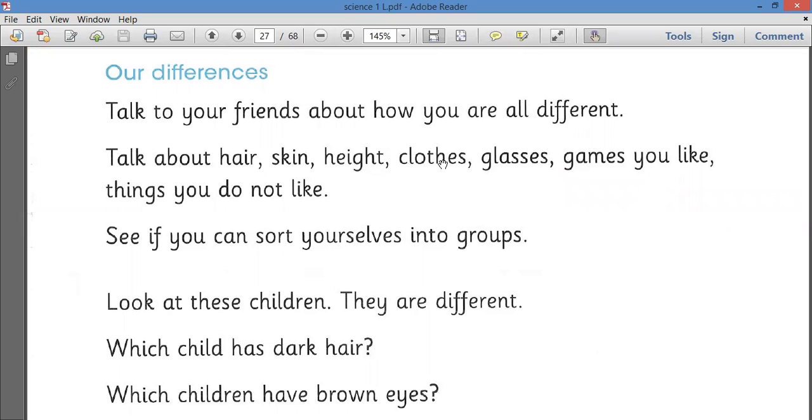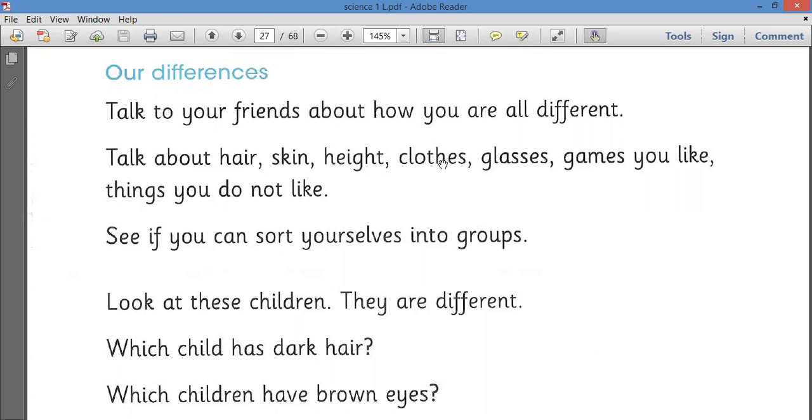Games you like. Some of you like football, some of you like volleyball. So these are also the differences. These are also the differences of characteristic. Understood? Things you do not like. Some of the students like chocolate ice cream.